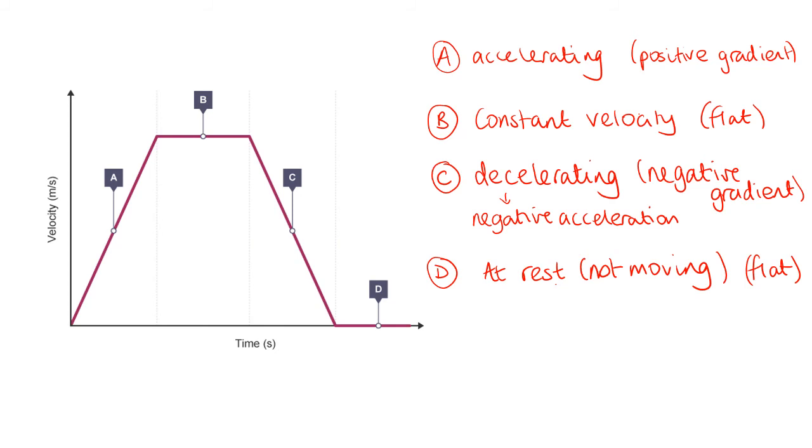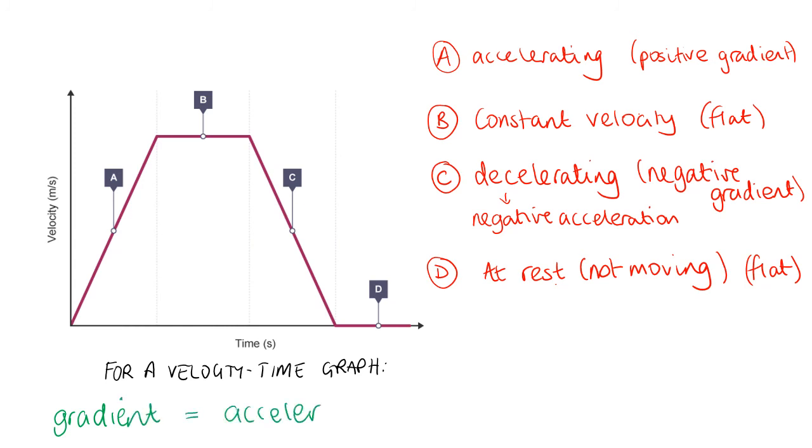To finish off, we're just going to write a couple of things down. For a velocity time graph, the first thing we're going to say is that the gradient equals the acceleration. Now remember that gradient is change in y divided by change in x.